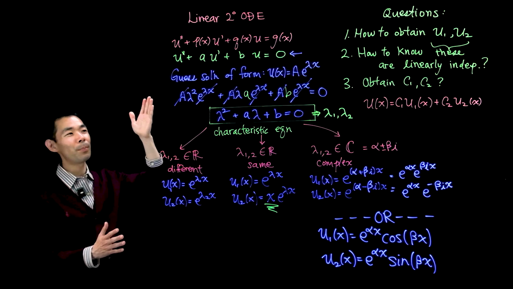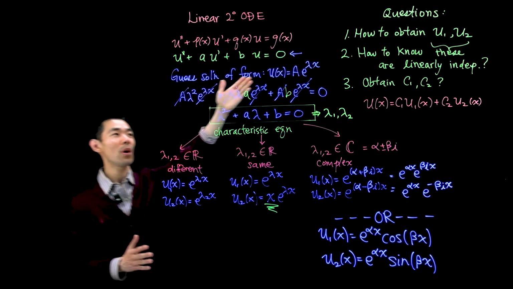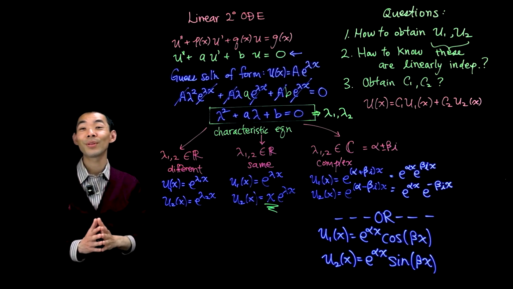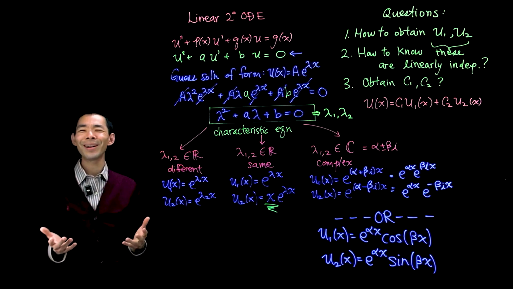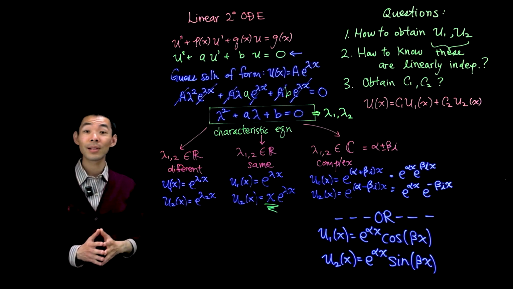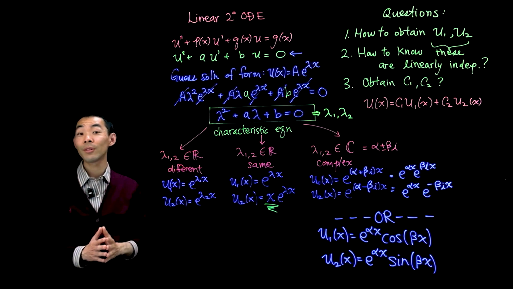Now, at this stage, we've completely answered question number 1 all the way up here. Let's now move to question number 2. How do you know when u1 and u2 of these 3 different cases are linearly independent with respect to each other? Let's talk about that next.